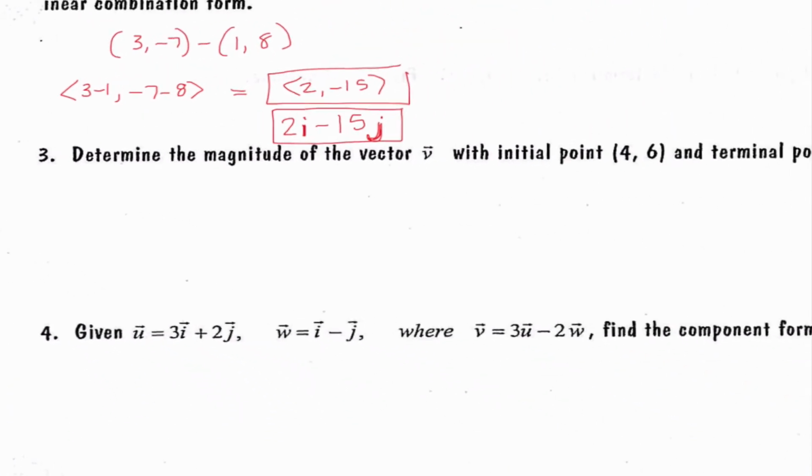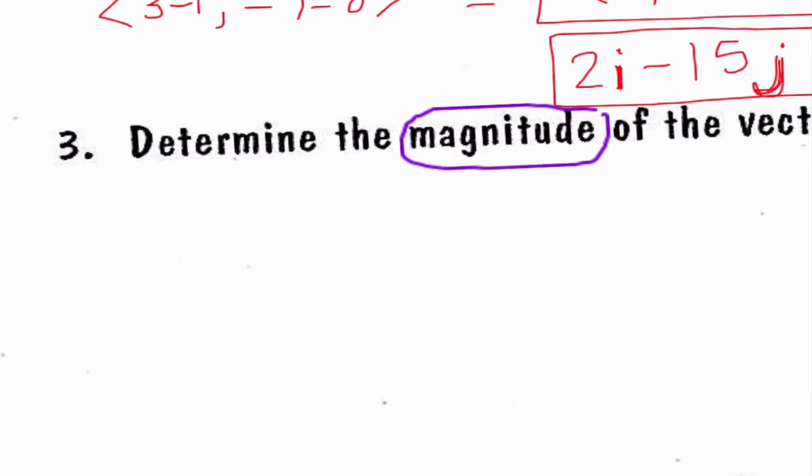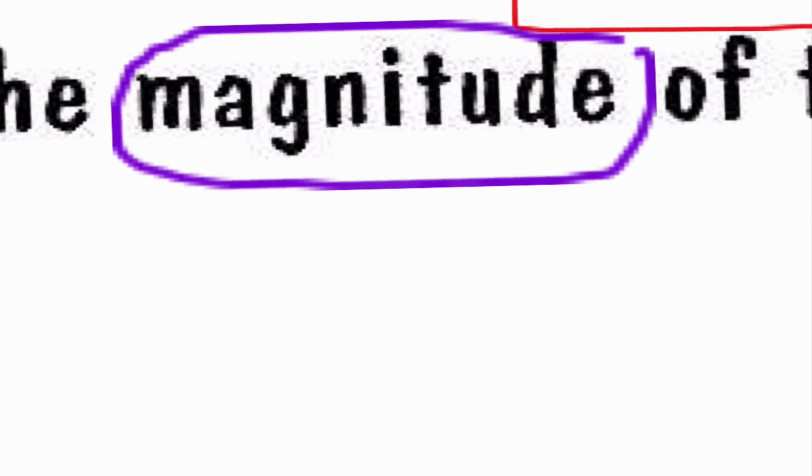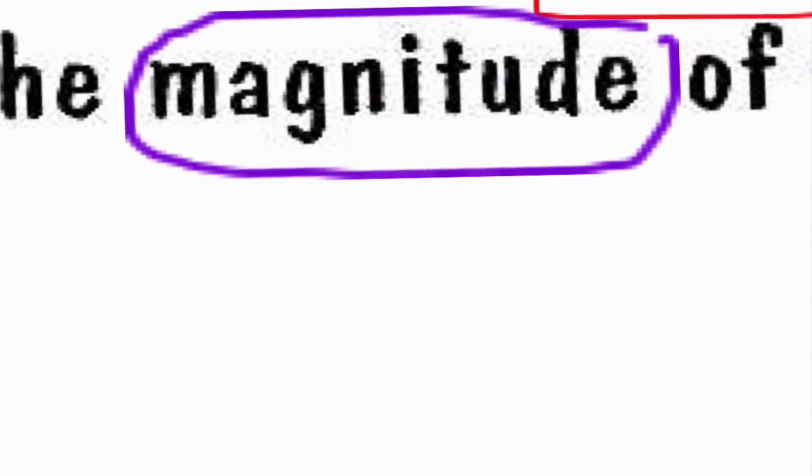Moving on though to number 3, we see this brand new term. It says determine the magnitude of the vector v with initial point 4, 6 and terminal point 7, 2. So I'm going to zoom in, literally, but we're also going to figuratively zoom in on this word and examine that.